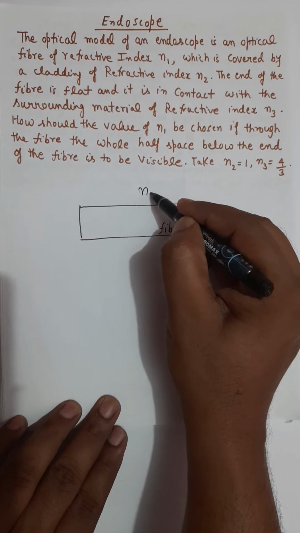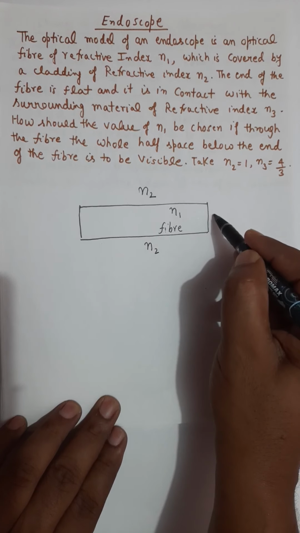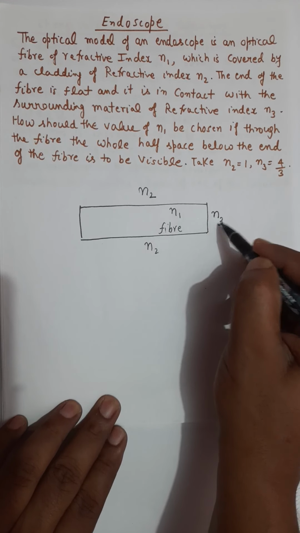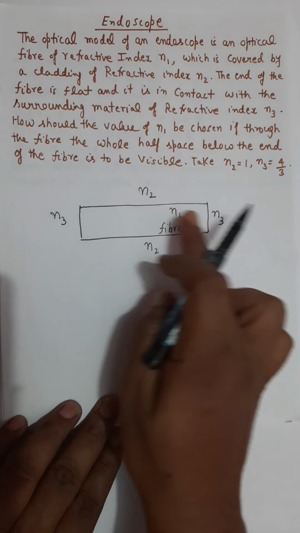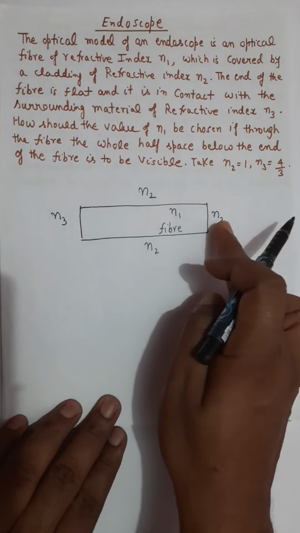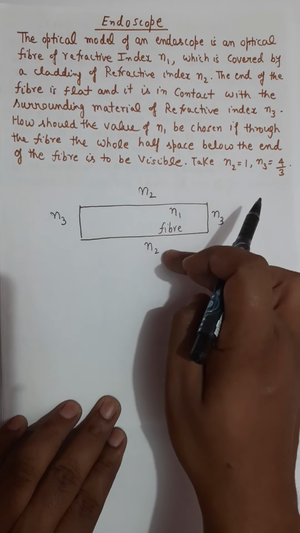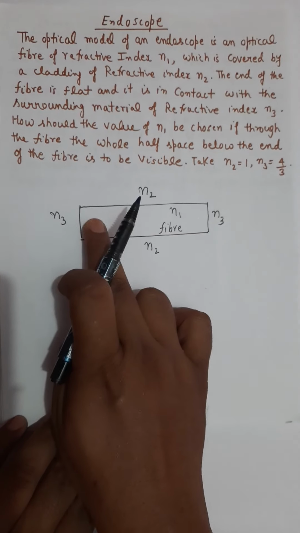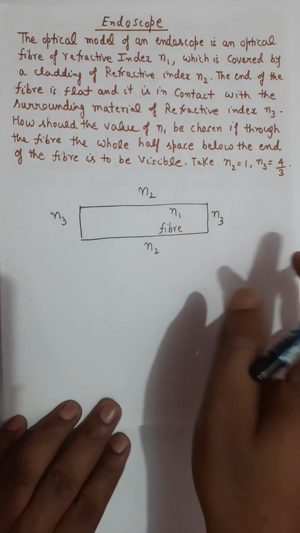Outside it, the refractive index is n2 on both sides, and on the ends it is n3. So to the left and right end, the refractive index is n3, whereas on the top and bottom sides the refractive index is n2, and the material of the optical fiber has a refractive index n1.